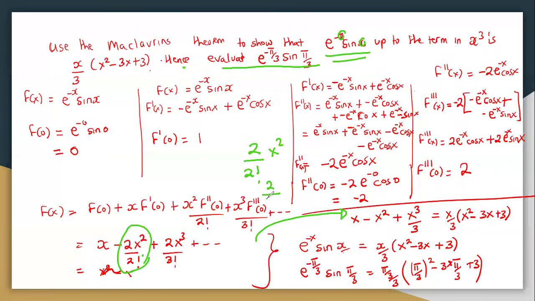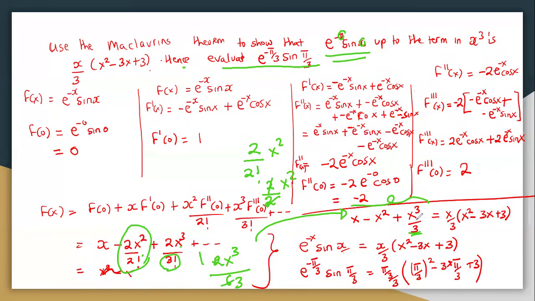It is 2. The 2s reduce, and we came up with x minus x squared plus x cubed over 3. Then the second one is 2x cubed. What is 3 factorial here? It is 6. So you say 1 over 2, 1 over 3. That's how we got here.